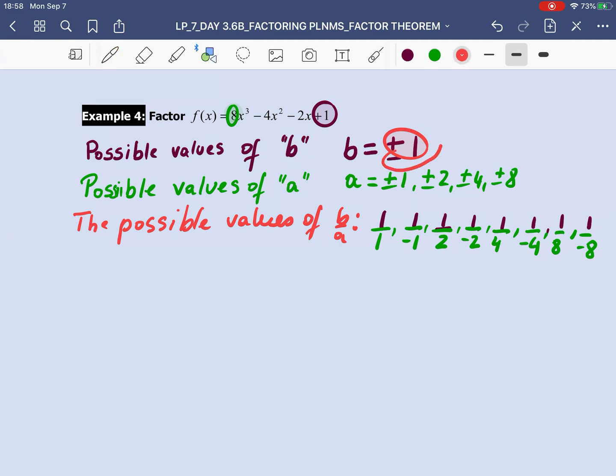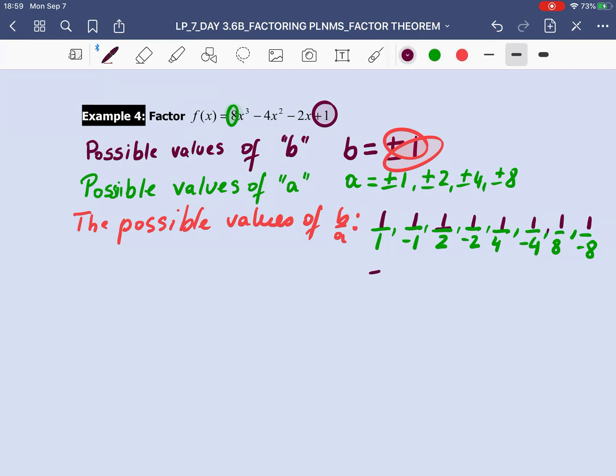Now we have to work with the possibility of b being negative 1. So what happens in this case is this. We have negative 1 divided by 1. Remember, negative 1 divided by 1 is the same as this term here, which means that we don't have to write it twice, so we are going to ignore this.